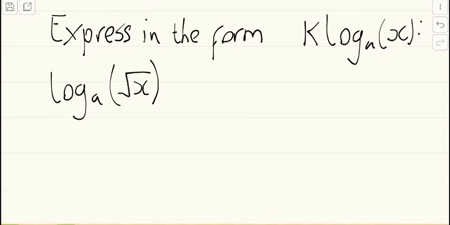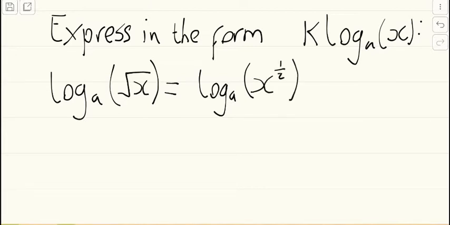So again, using our laws of indices, we can see that this is going to be log to the base a of x to the power of a half. And that's going to be, using our log law, a half log to the base a of x.